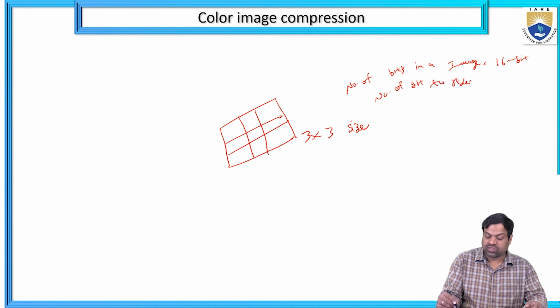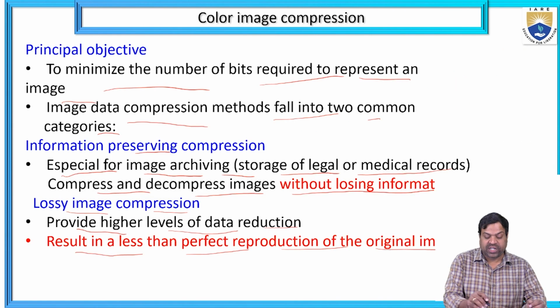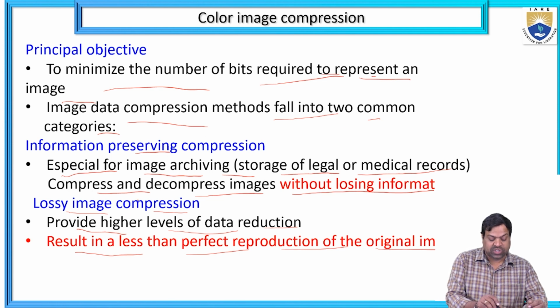To reduce for image compression, it should be 8 bits. So originally 16 bits, but I have to make it 8 bits. Why? Because I need compression. For compression, I need to reduce the image size or number of bits. So compression methods fall into two common categories: information preserving or lossy.